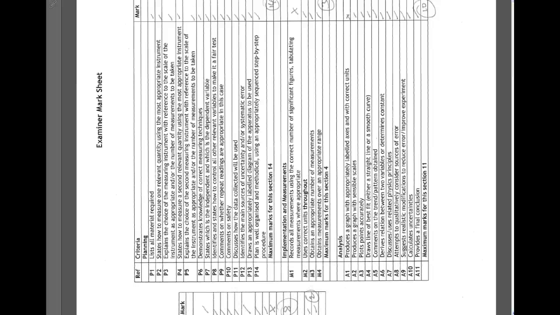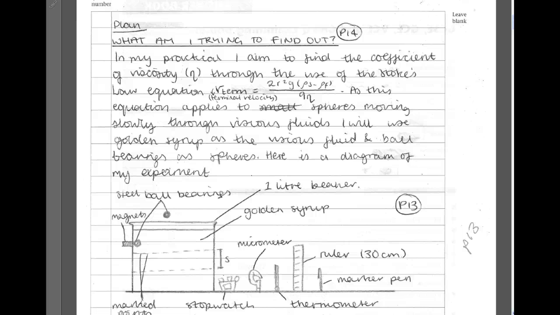That first section is the examiner's cover sheet, but this is the start of the plan. So this has been written by the student in about an hour and a half. This is how long you have in the plan exam, and you can see in this case what the student's done is that they have labelled the criteria marks throughout the plan, so P14 up here, P13 and so on.